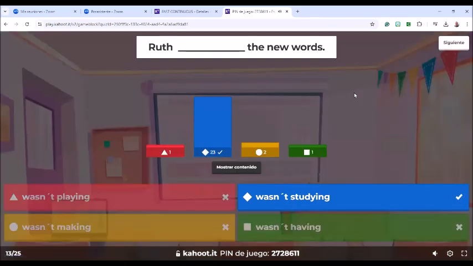Again, we find the use of contraction in negative sentences, in this case, for the third person. Ruth wasn't studying the new words.